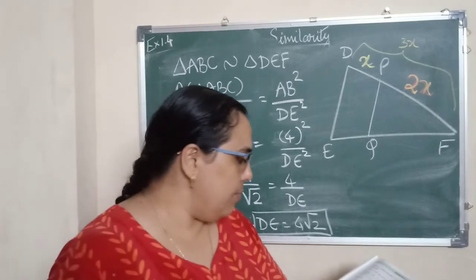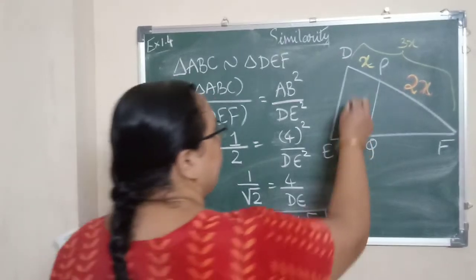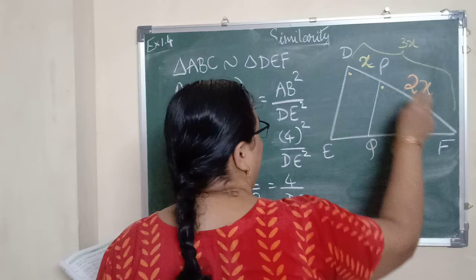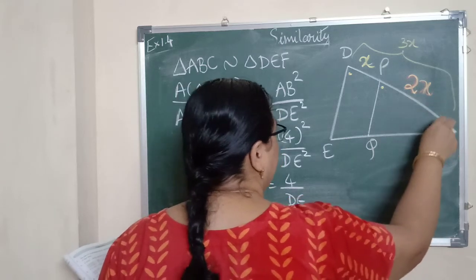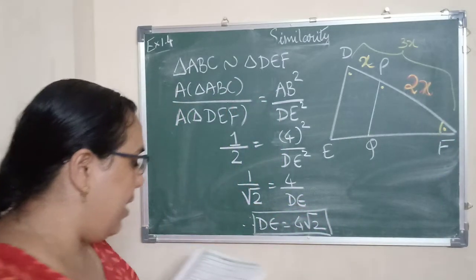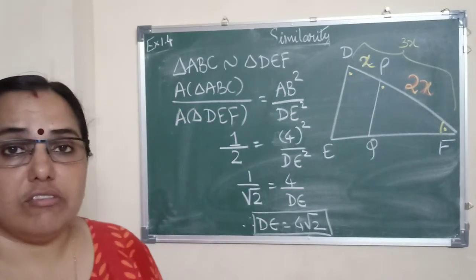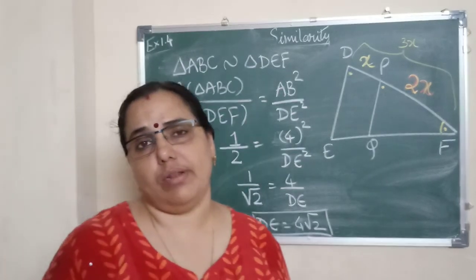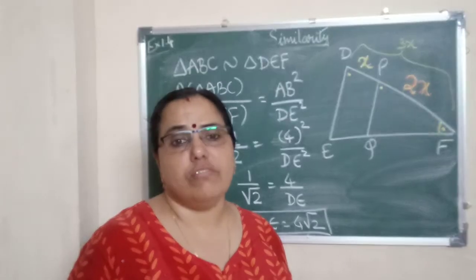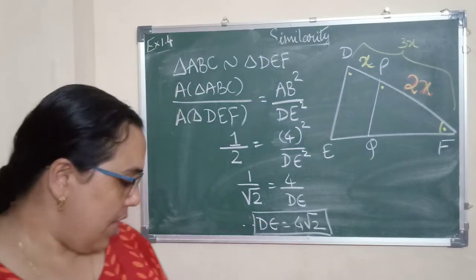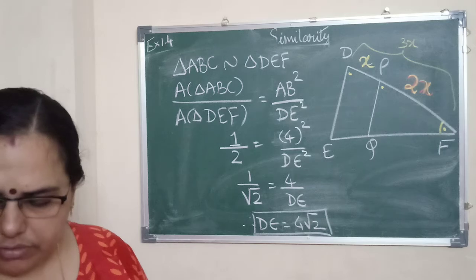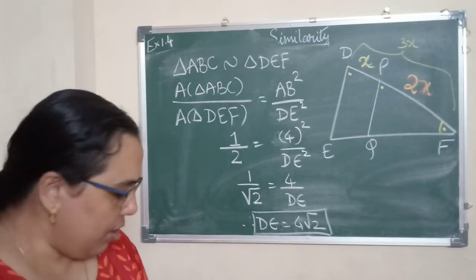Why are they similar? Because of parallel lines, corresponding angles are equal, and one of the angles is common. So by the AA test they are similar. Or even see here, they have taken both as corresponding and they have proved the triangles are similar by the AA test of similarity.